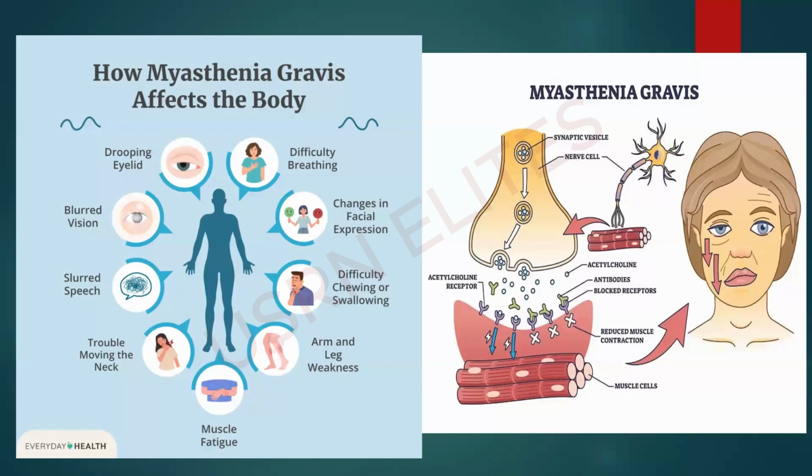The main problem with these people is muscle weakness that worsens with activity, and the key thing is it improves with rest. Listen to this part very well. With myasthenia gravis, muscle weakness worsens with activity but improves with rest. You see the drooping face and all of that.